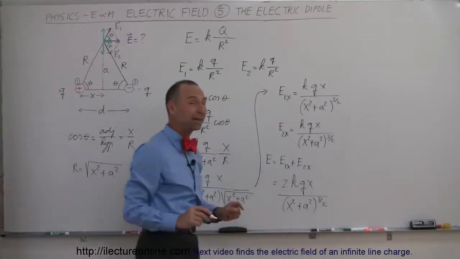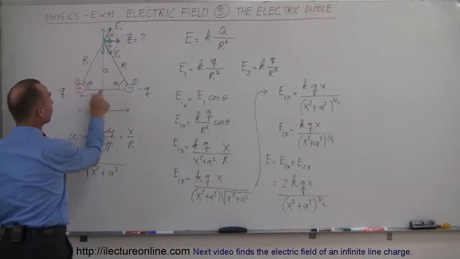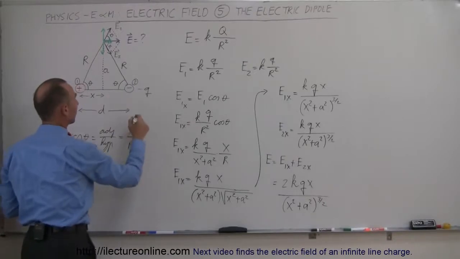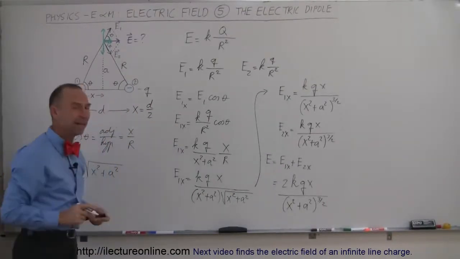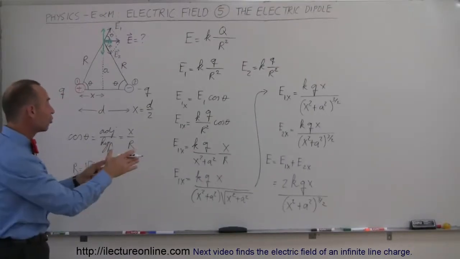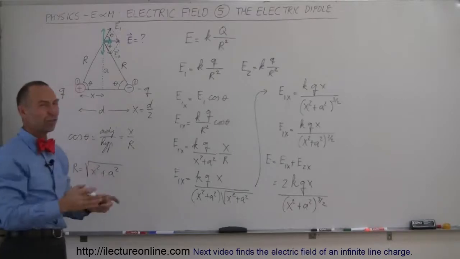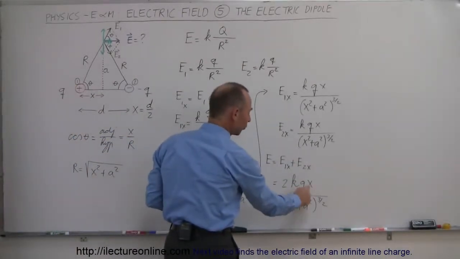Now, going back to what x was equal to, remember that x was just half the distance between the two charges. So in other words, x is equal to the distance between the two charges divided by 2. And most likely, when you work with dipoles, you want to express the answer in terms of the distance between the two charges, not half the distance. So we're going to replace the x by d over 2.